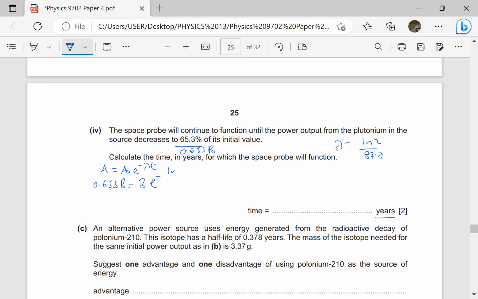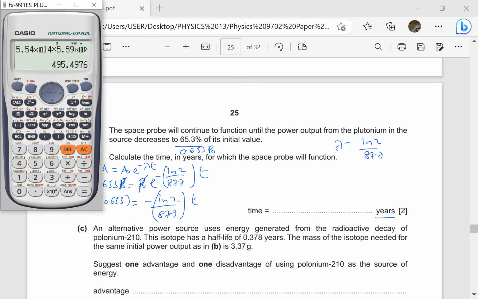So I'll say ln of 2 divided by 87.7, then I multiply this by t. So I introduce natural log. P naught has cancelled. So I have ln of 0.653. When I get ln of this, I remain with only the power. So this is equal to negative ln of 2 over 87.7, multiplied by t.